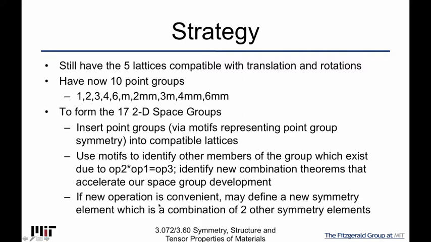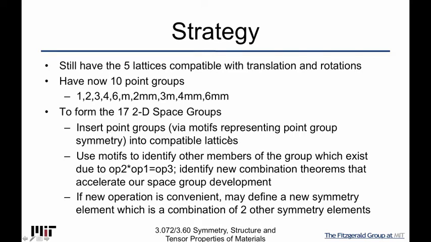But another thing we're going to do, and this is a little bit of a cheat, is that there's a combination of 2 operations which doesn't really produce a unique new operation, but we're going to define a set of 2 other symmetry elements just because it's convenient to think about when we look at the patterns.